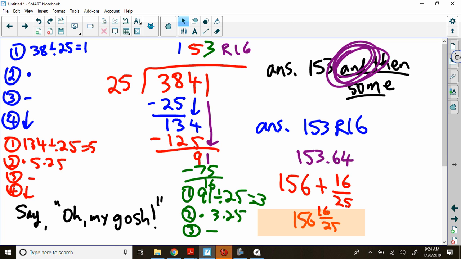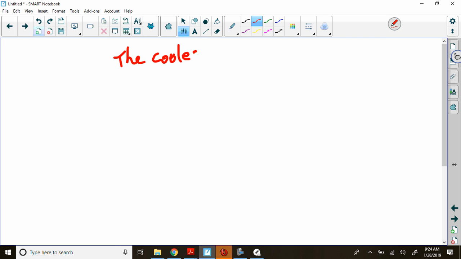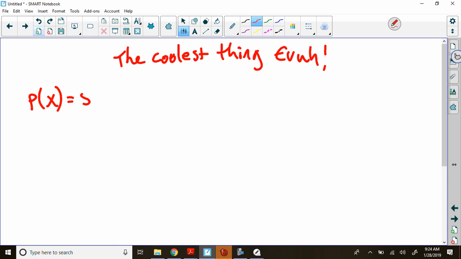One last thing today. This is the coolest thing ever. Suppose we had a polynomial that was 5x cubed plus 6x squared minus x minus 10.